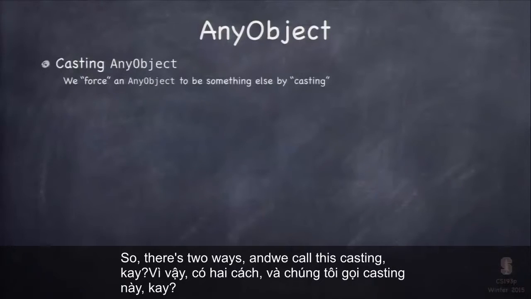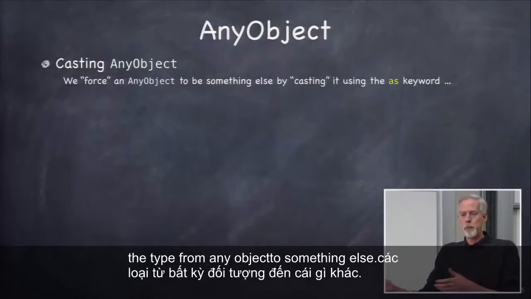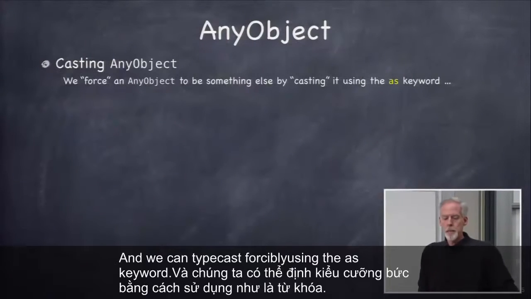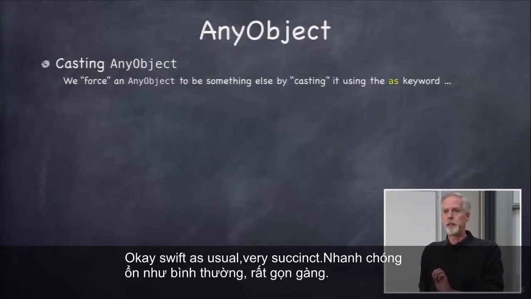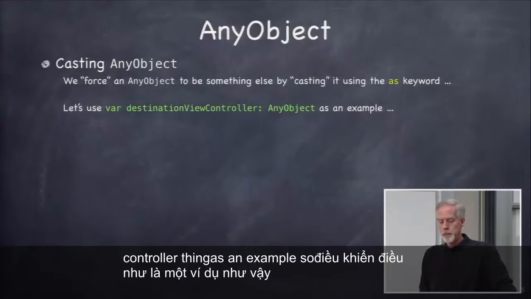There are two ways, and we call this casting, okay? You know what type casting is. We're essentially casting the type from any object to something else. And we can typecast forcibly using the as keyword, as. Okay, Swift, as usual, very succinct. I'm going to use that destination view controller thing as an example.